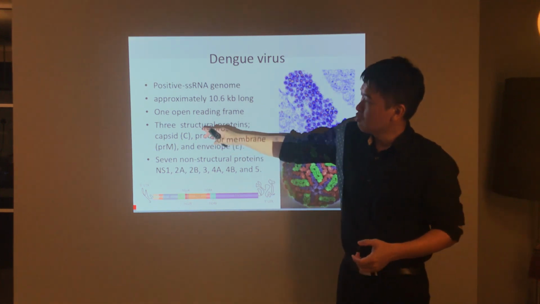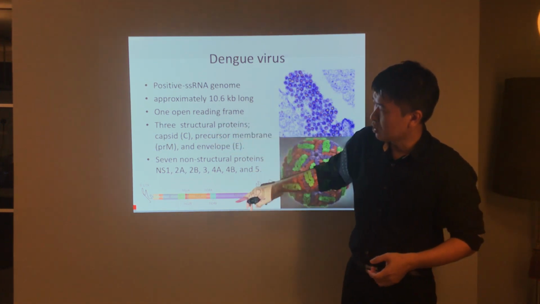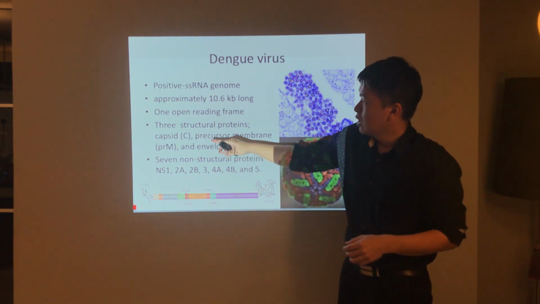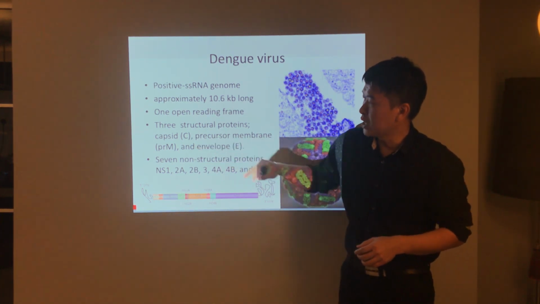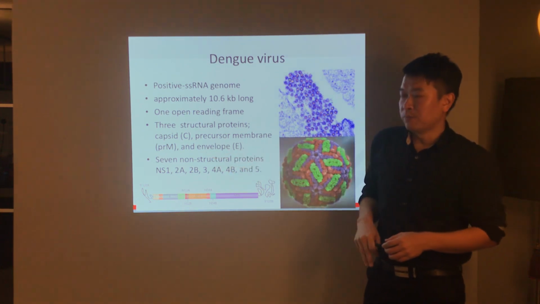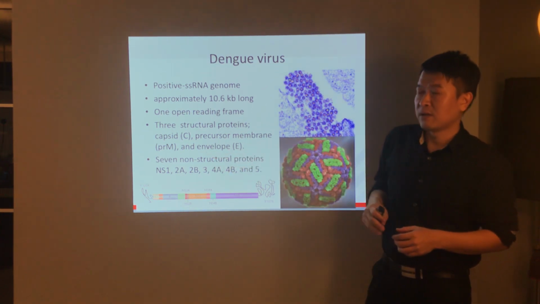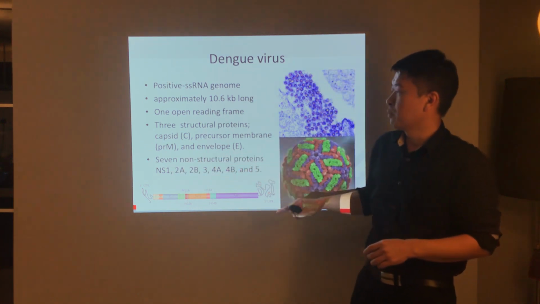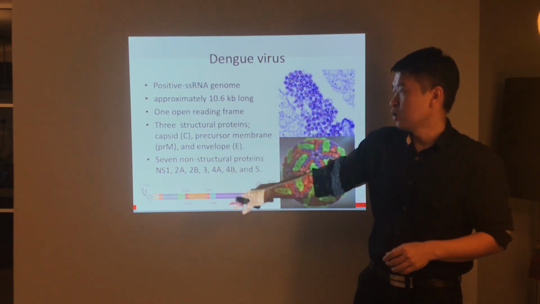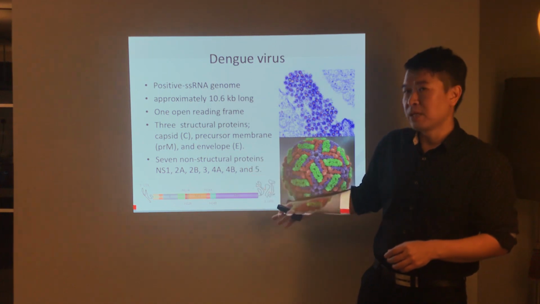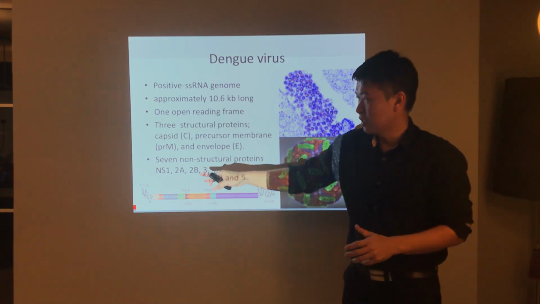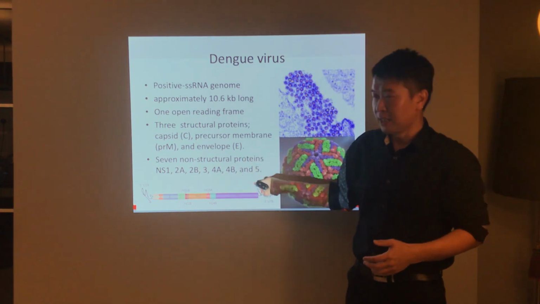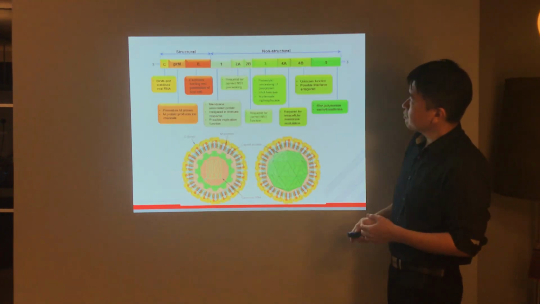It has 3 structural proteins: the capsid that surrounds the RNA, a precursor M or pre-M, and the envelope, which is on the surface of the virus. Then we also have 7 non-structural proteins, which are NS1, 2A, 2B, 3, 4A, 4B, and 5. If you want to remember, the even numbers have A, B, while the odd numbers don't have A, B.